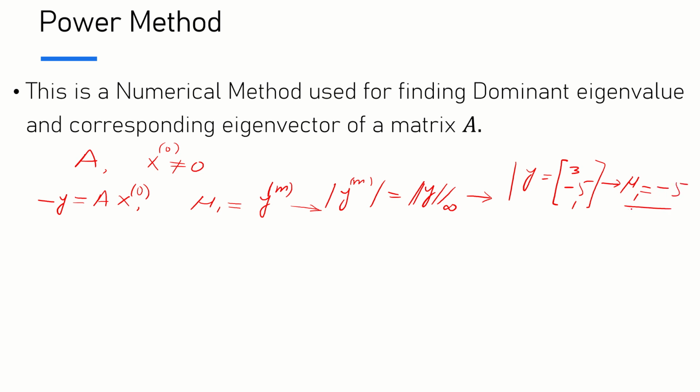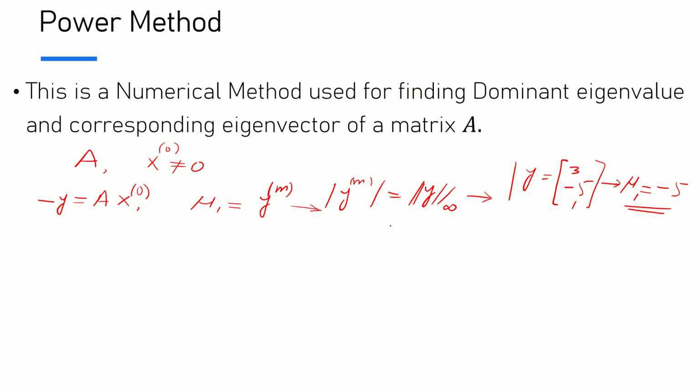So we take mu1 as minus 5, whereas the infinity norm would be 5. So we cannot simply say that mu1 is the infinity norm of this vector y.